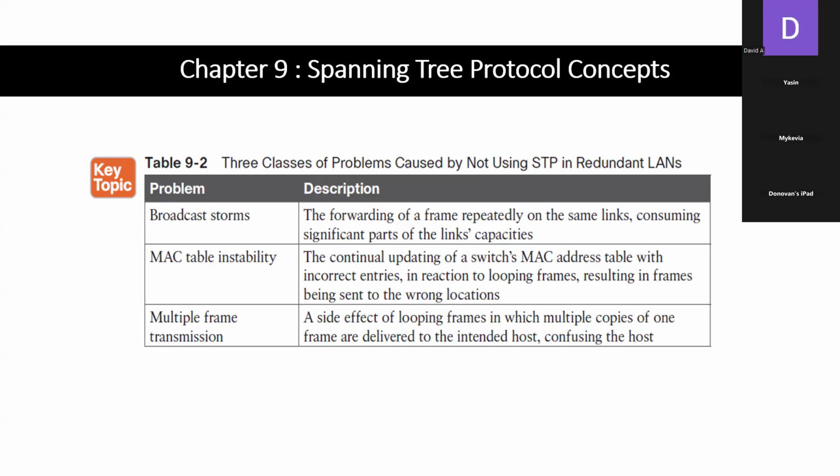MAC table instability: the continual updating of a switch's MAC address table with incorrect entries in reaction to looping frames, resulting in frames being sent to wrong locations. Multiple frame transmission: a side effect of looping frames in which multiple copies of one frame are delivered to the intended host, confusing the host.